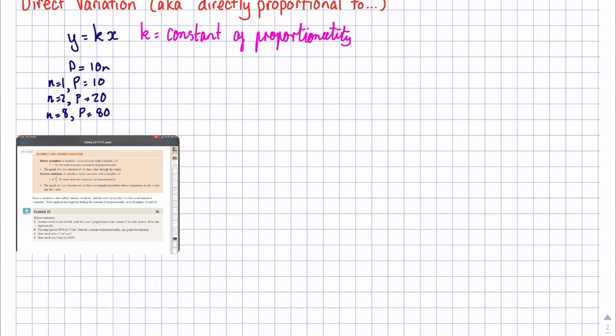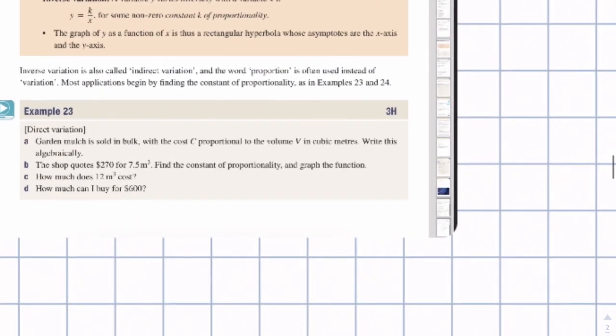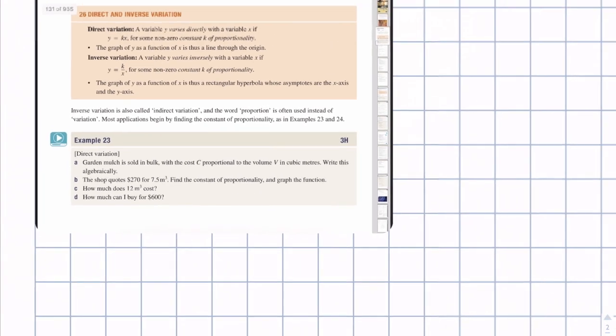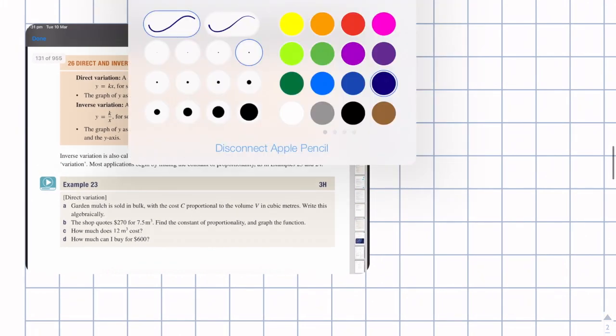So we get questions that look like this. Garden mulch is sold in bulk with the cost, C, proportional to the volume that you buy. So it's obviously going to be a certain amount of money per cubic metre.